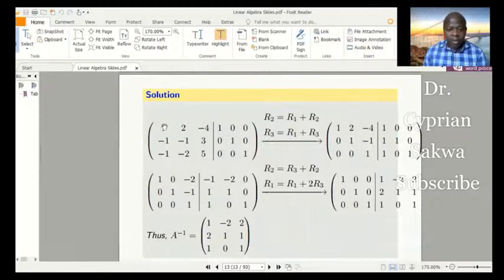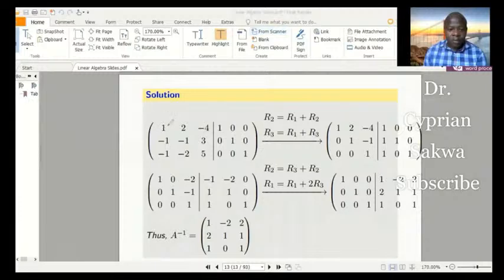We carry out elementary operations on this to transform it to become the identity matrix. The elementary row operations that we do on this matrix, we do them also on this matrix. So when this one becomes the identity matrix, this will have become the inverse of A. Let's just do that.